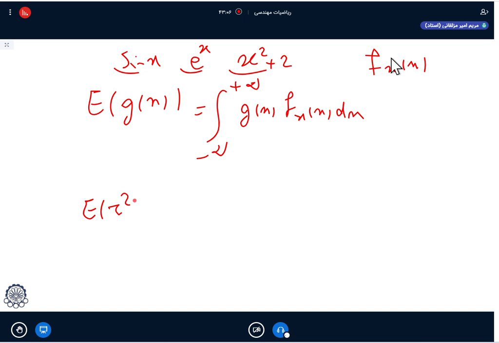For example, if we want to compute the expectation of x squared, it's enough to compute this integration.